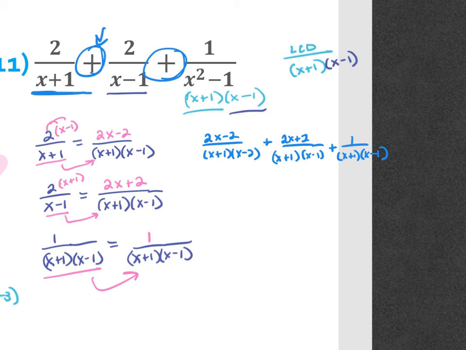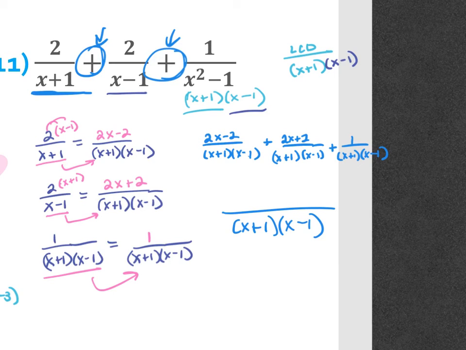Now if this was a plus and this was a minus, then I'd make sure I'd show those signs. So just be really careful with your signs. So now your denominators are all the same: x plus 1. Oh, this should be a minus. I was saying one thing and writing another. X plus 1, x minus 1.